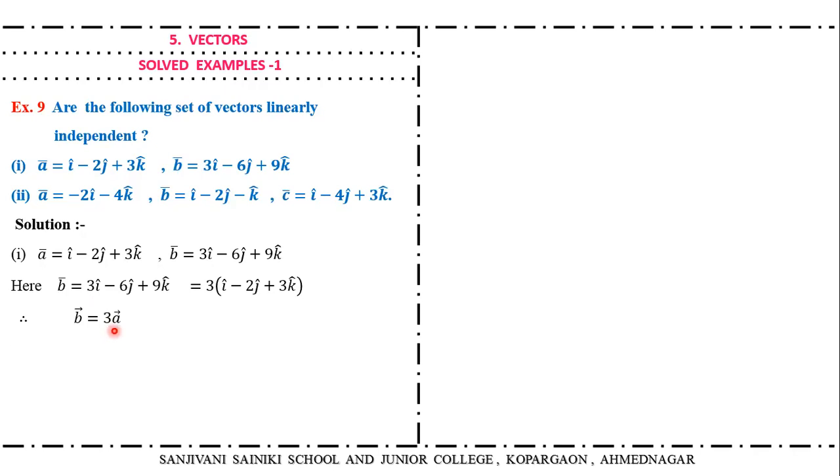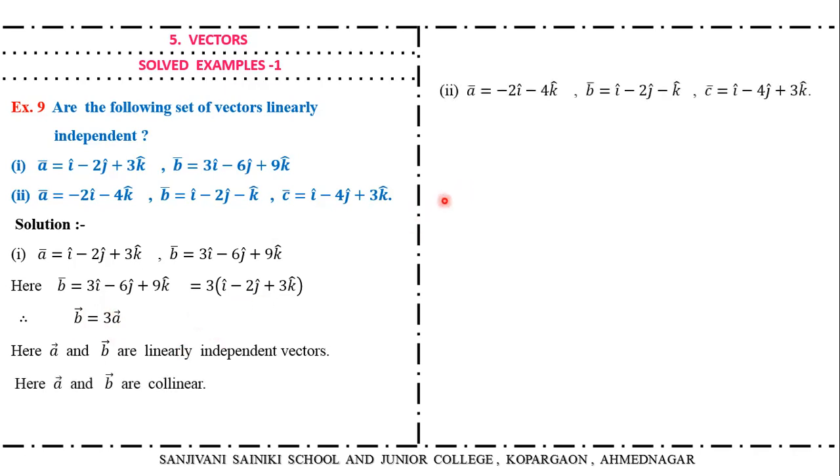So 3a bar minus b bar is equal to 0. So here a bar and b bar are linearly dependent vectors, because 3a bar minus b bar is equal to 0 means their linear combination is 0 but the coefficients x and y are non-zero. Here a bar and b bar are collinear.